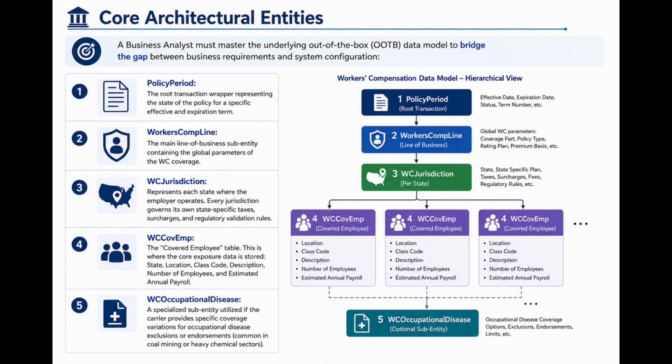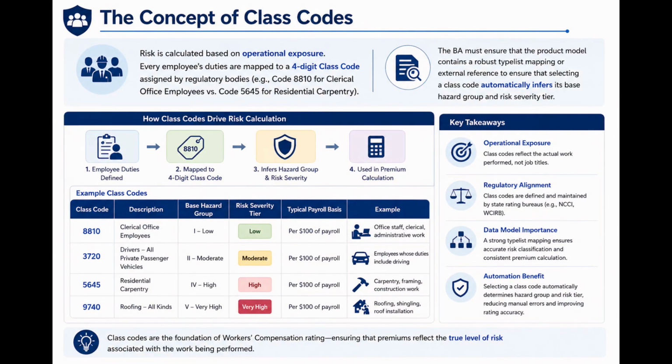By understanding how PolicyPeriod, WorkersCompLine, WCJurisdiction, and WC occupational disease interlock, a business analyst can work effectively. In workers' compensation insurance, risk calculation is fundamentally tied to operational exposure, which is categorized through a system of class codes.